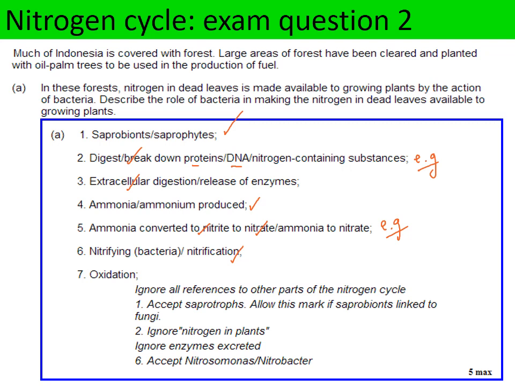We know NH3 or ammonia is converted to NO2- ions, and then the nitrate ions, which are absorbed by the roots of all plants. And we know that's an oxidation reaction. So there's the full mark scheme for that answer, and it's a 5-mark question.